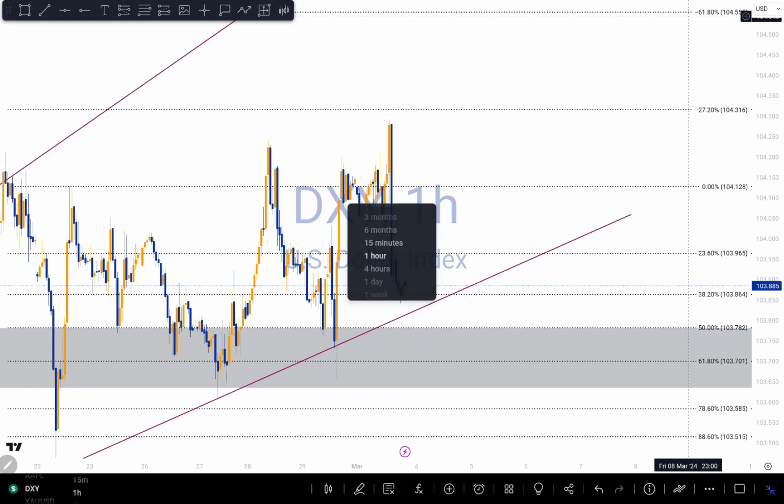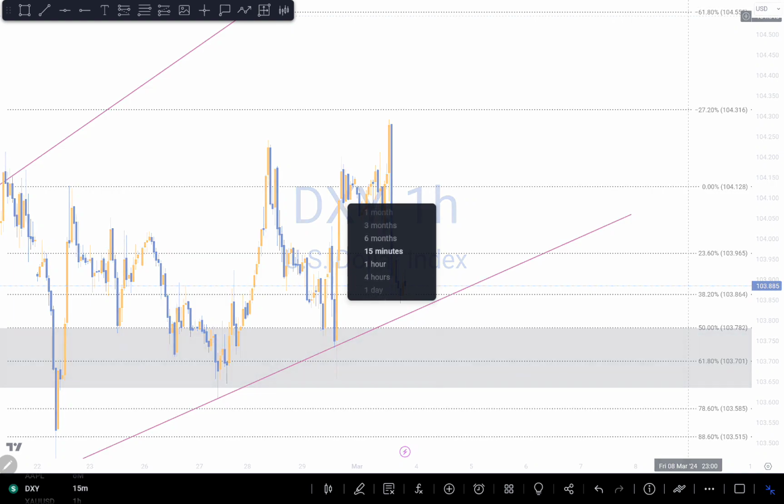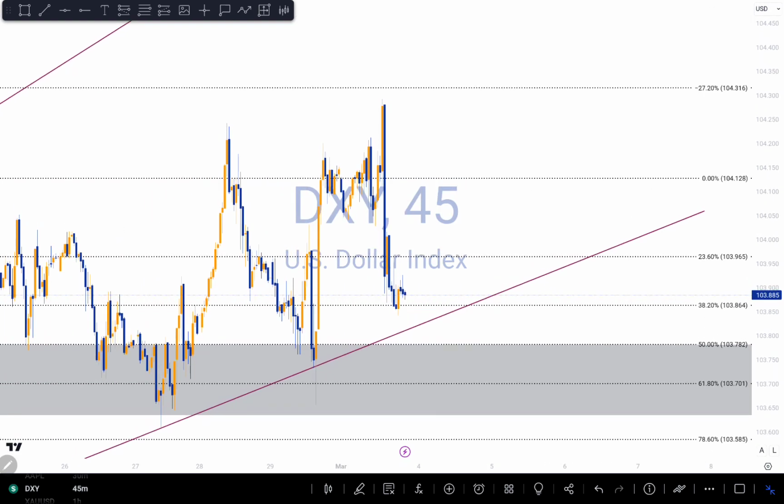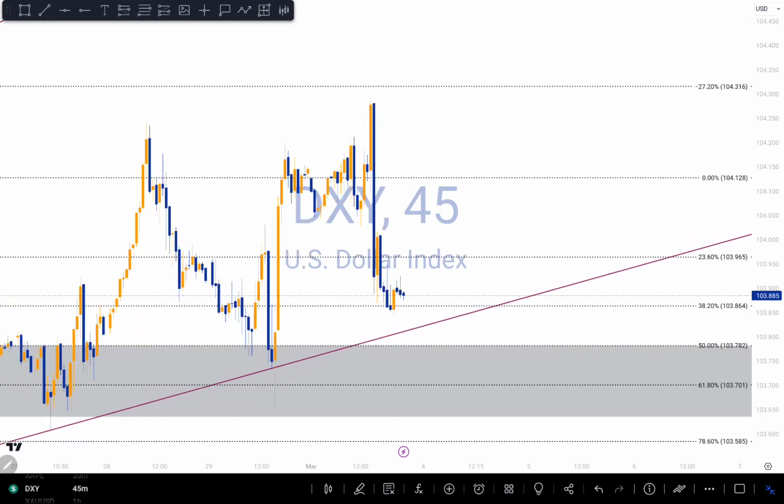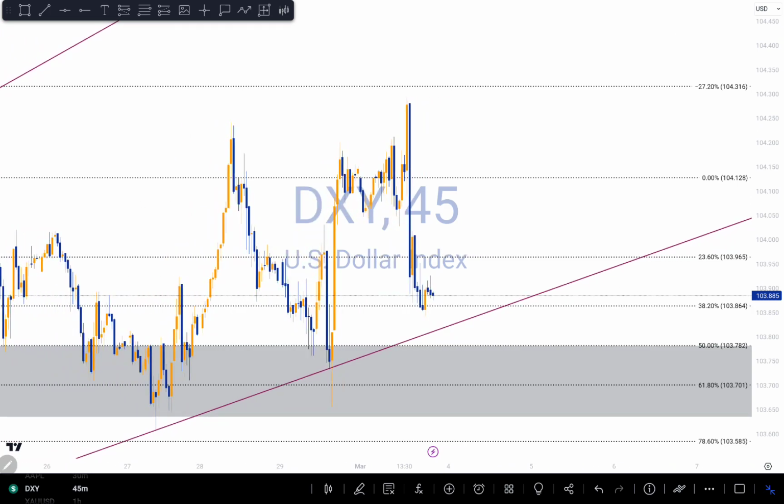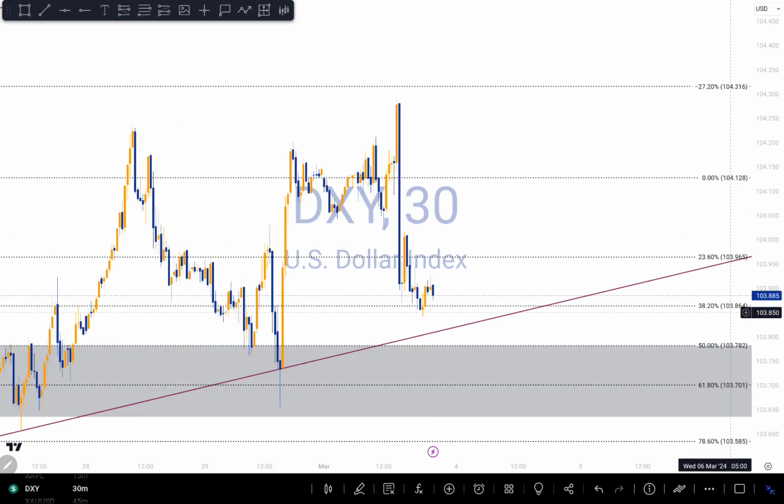If I go to a much smaller time frame, let's go to my 15 minutes and my 45-minute time frame, we see this candlestick right here, which is showing bull momentum. Let's go to my 30-minute time frame.